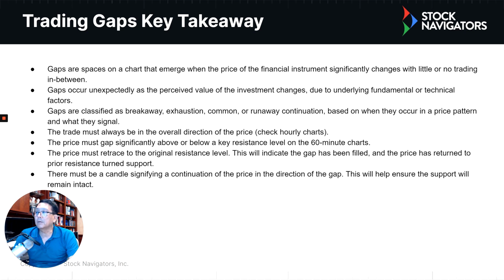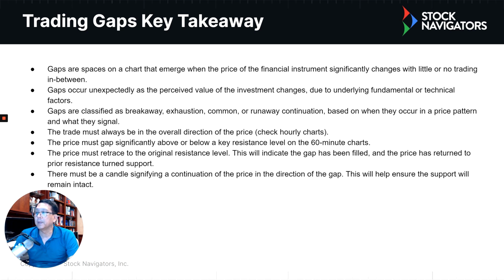Gaps can occur unexpectedly as the perceived value of the investment changes due to underlying fundamental or technical factors. Gaps are classified as breakaway, exhaustion, common or runaway continuation, based on when they occur in the price pattern and what they signal.